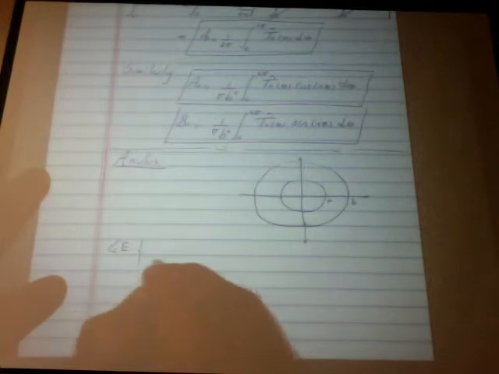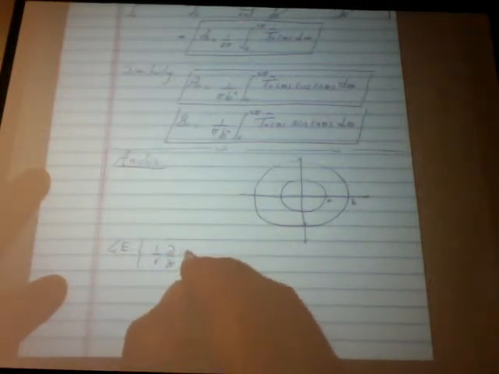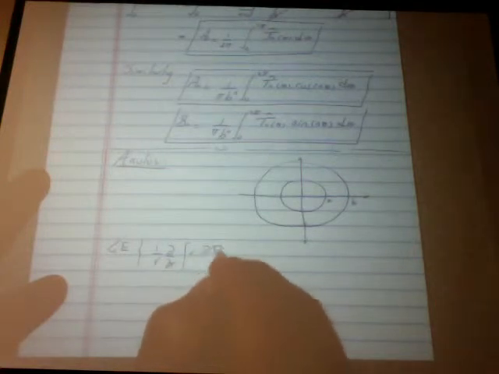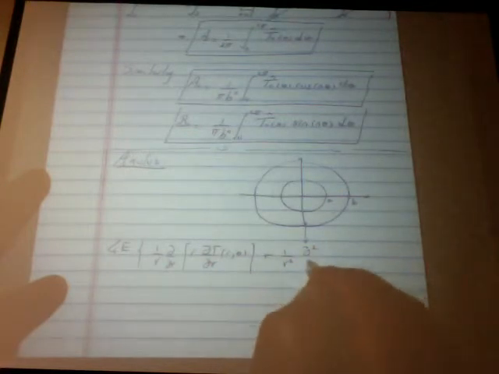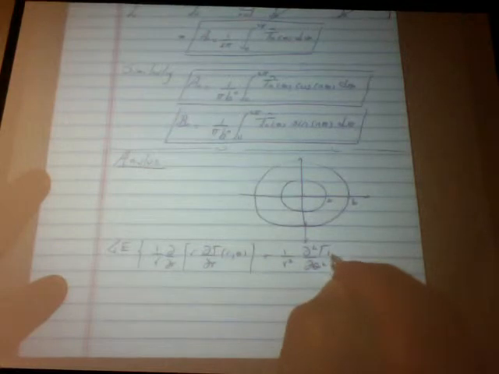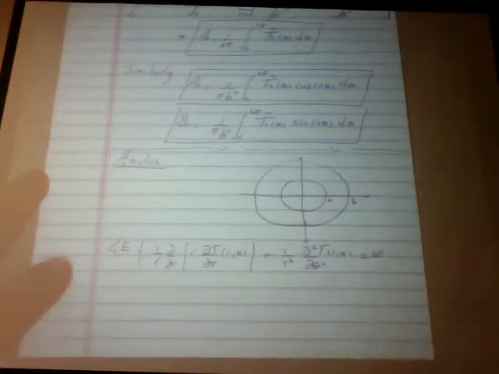And again, the governing equation, let's say 1 over r d dr of r dT dr of r and theta, plus 1 over r squared the second derivative of T with respect to theta squared of r and theta is equal to 0.